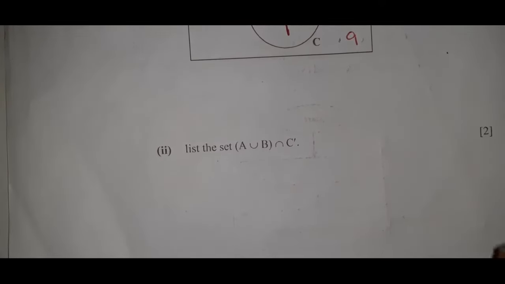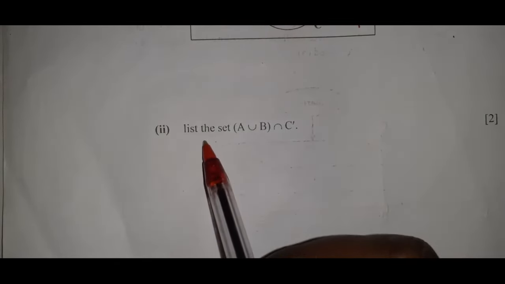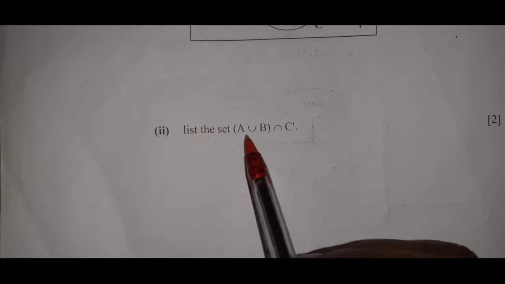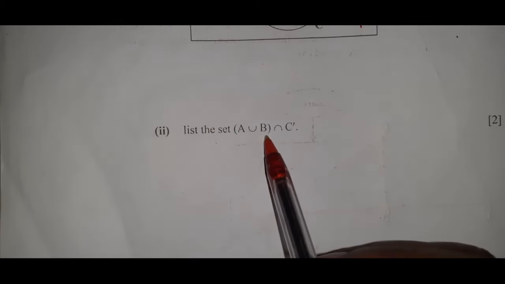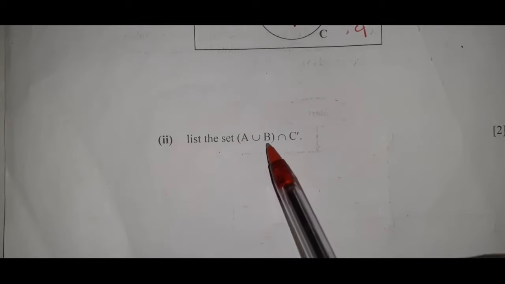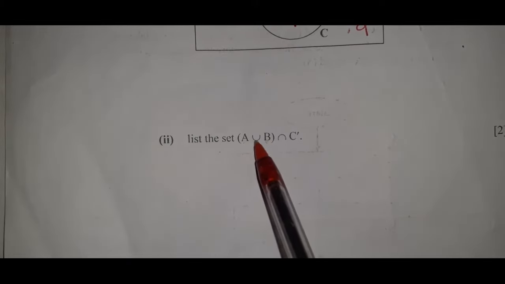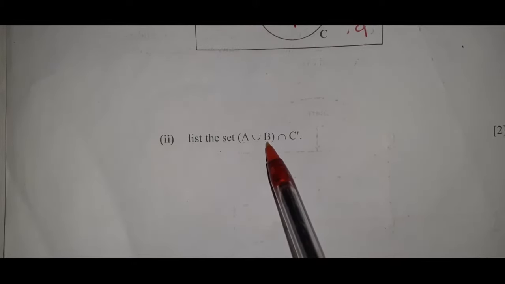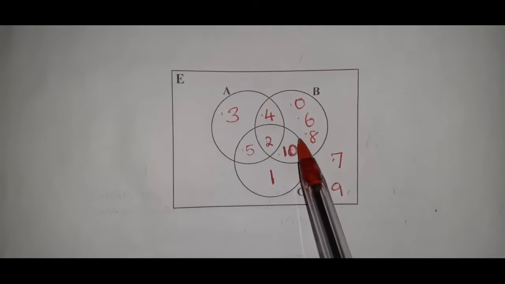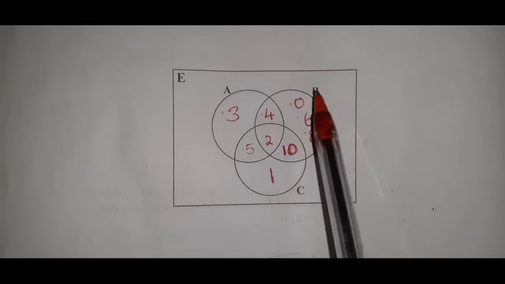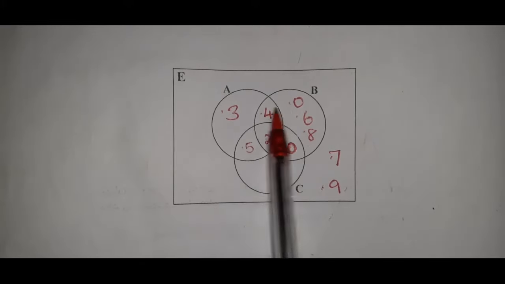Okay. Then now we list the elements that are found in this set. All the elements that are found in A or B, but should not be there in the elements that are found in A and B. It's all these ones here, isn't it?